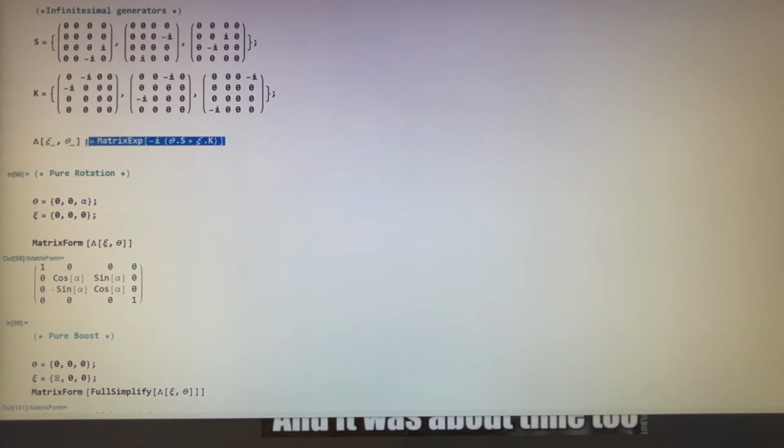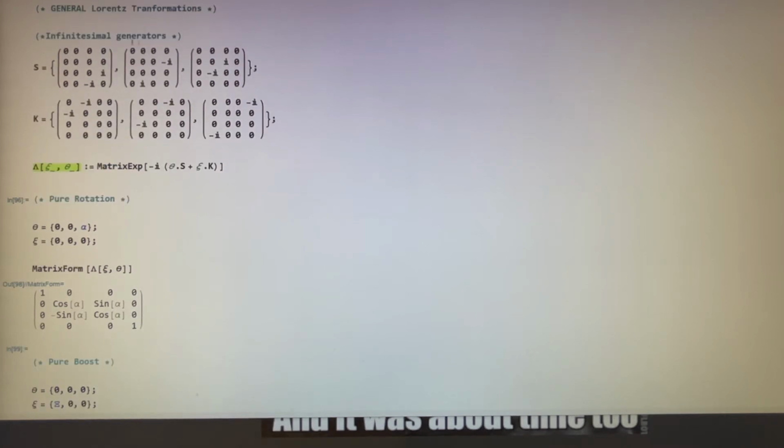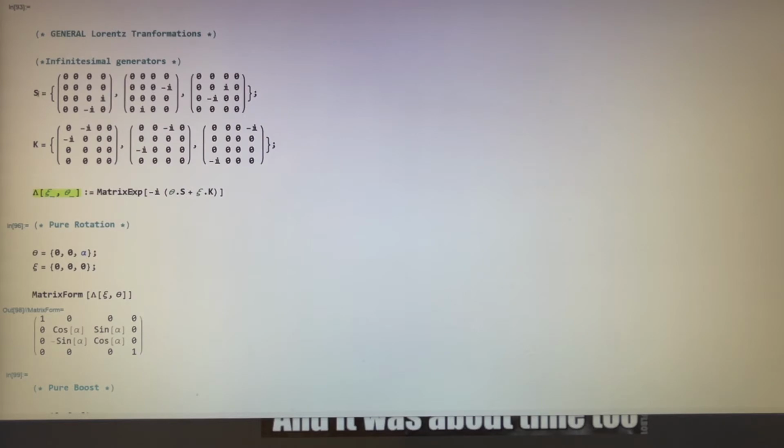You can do any rotation or boost with the matrix expression using the infinitesimal generators of the Lorentz group. Something interesting to mention is that these generators should remind you of something. If you take the 3x3 sector here, here, and here, for those of you who have seen it, those are the generators of SO(3). And these ones are the generators of the hyperbolic rotations.